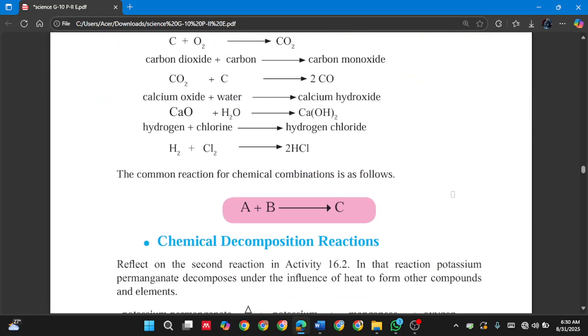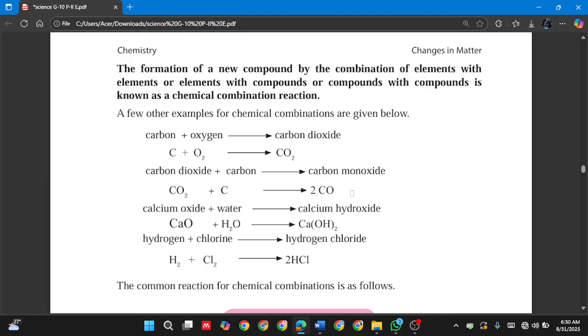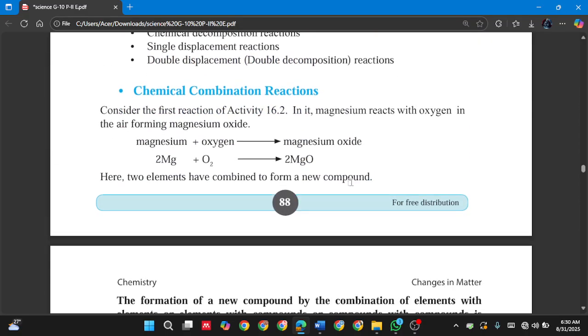So this is the common reaction formula we use for combination reactions, because by combining A and B, we form a new substance C. This is what happens in all these reactions. Consider the first reaction of 16.2. In it, magnesium reacts with oxygen in the air, forming magnesium oxide.